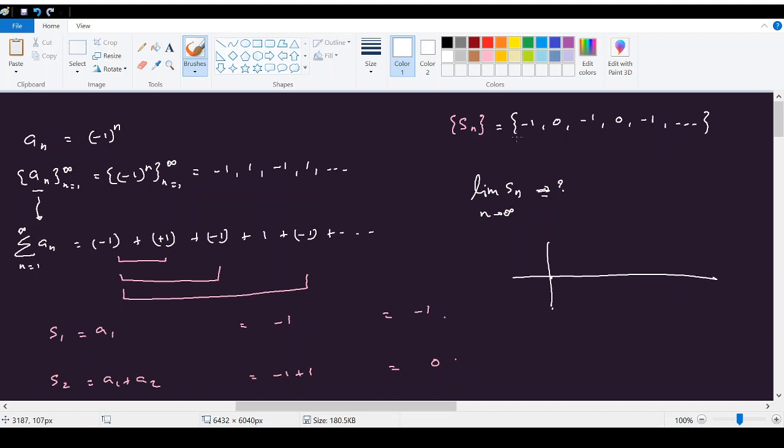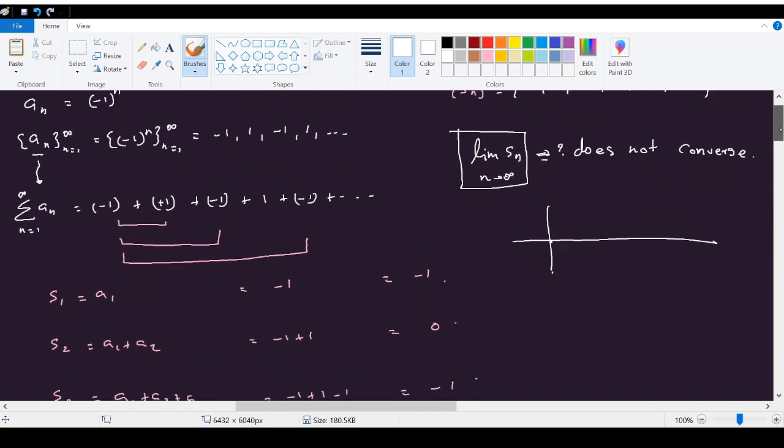I explained this in detail in the videos related to sequence convergence. So with that idea, you can say that this sequence of partial sums does not converge. That means this diverges.